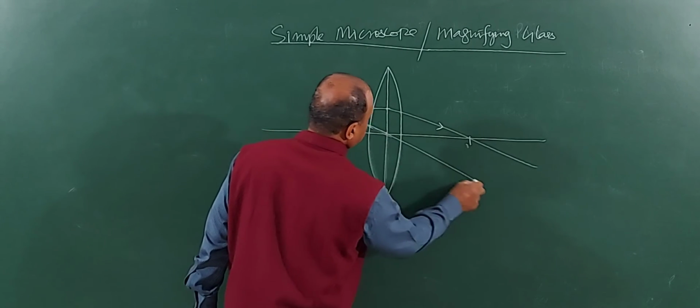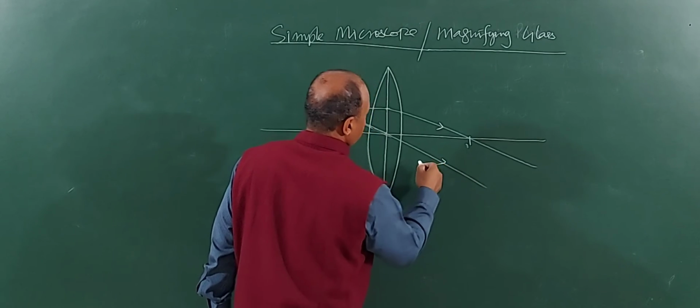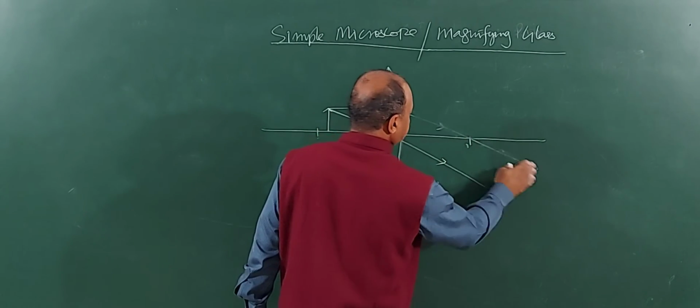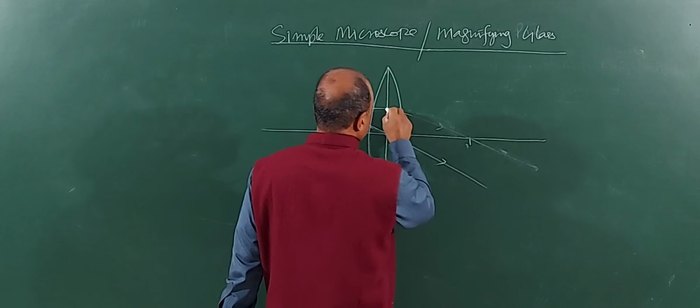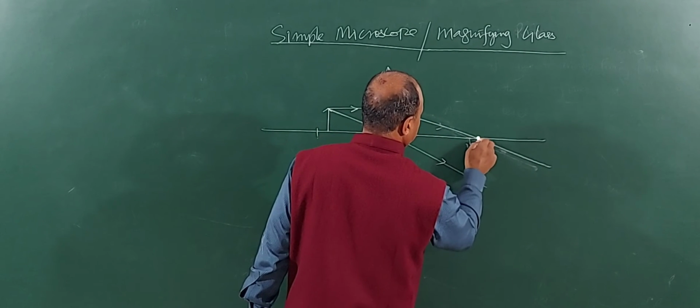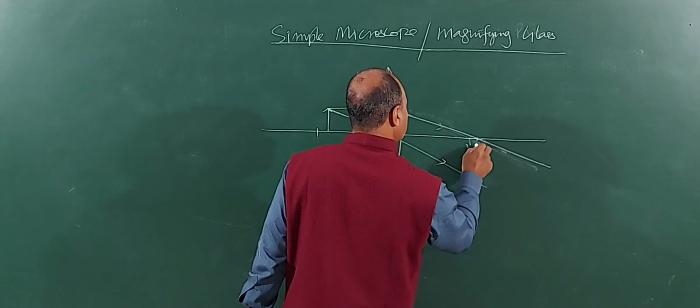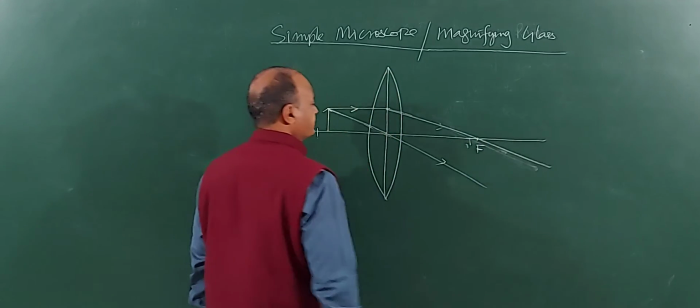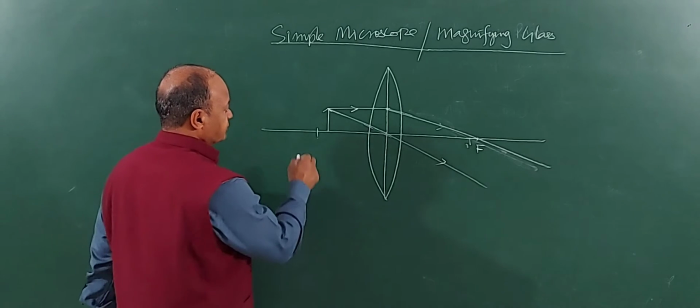Now this ray is going to go straight. This is the focal point F, on this side.